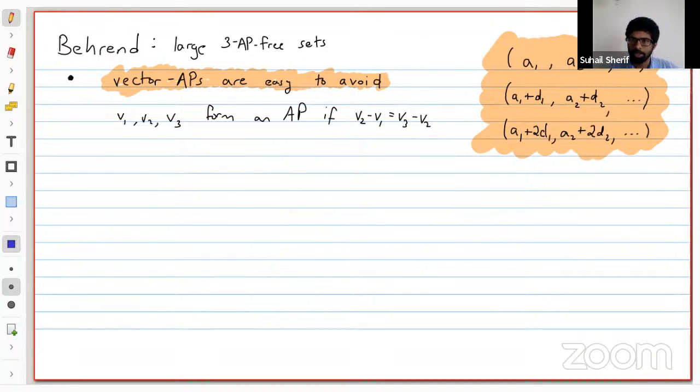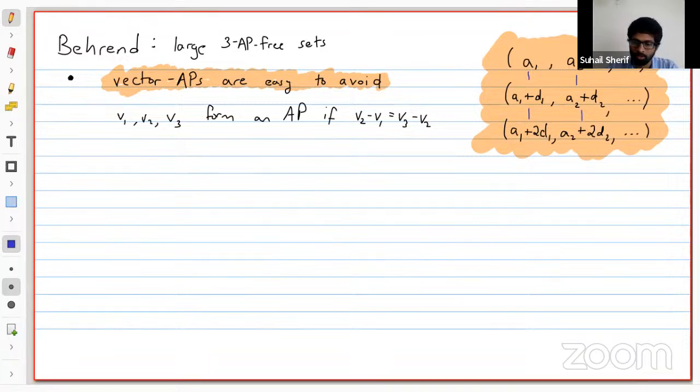So if you think about them as vectors, it also means that in every coordinate, you have an arithmetic progression if you just limit yourself to that coordinate. And some of these d_i's can be 0. That means you could have the same entry in a specific coordinate, but at least one of the coordinates must have a non-zero d_i for them to be 3 distinct vectors in an AP.